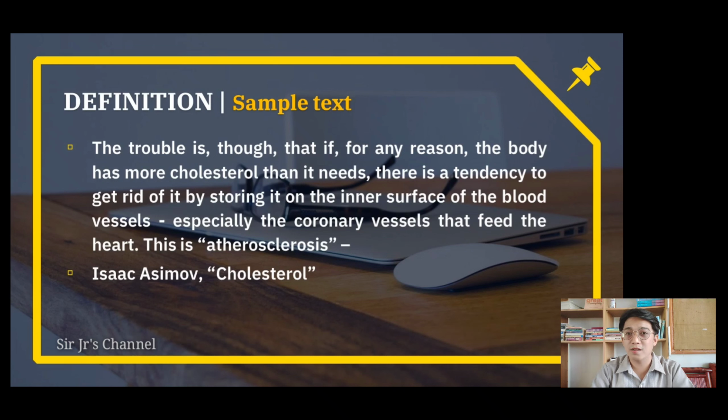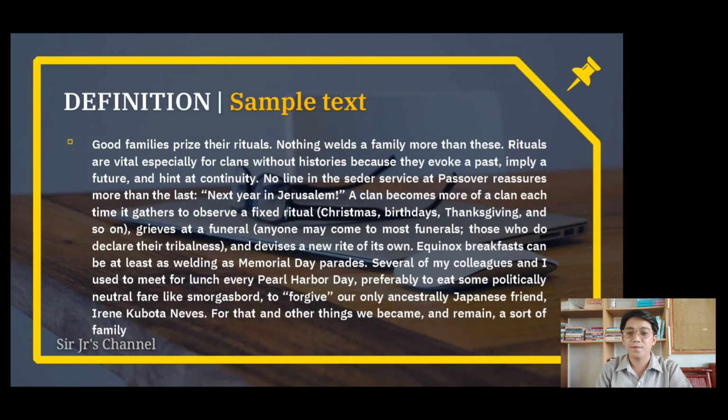That is a text titled Cholesterol by Isaac Asimov. Plainly, the text defines what atherosclerosis is, the main topic of that particular text. It uses the pattern of development definition in order to relay what that particular topic or term is to the audience. Right, so here is another.